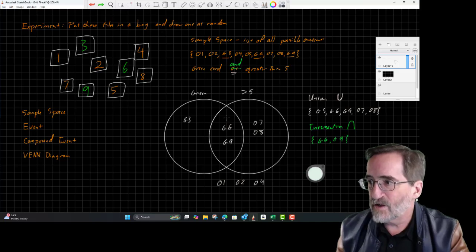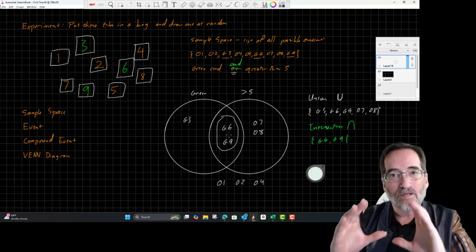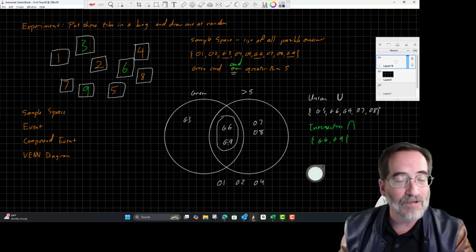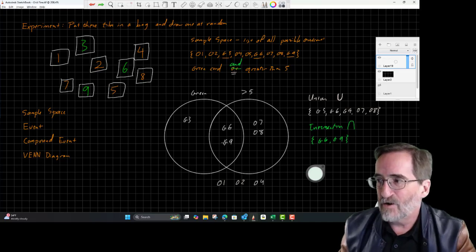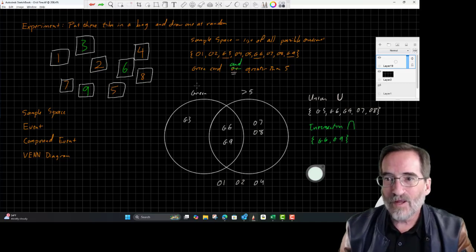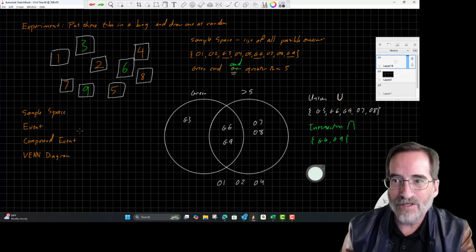In the case of the intersection, only those things that are in both circles, the overlapping parts of the circles, are included. Okay, so hopefully that helps. And this is known as a compound event. We're listing what we call sample spaces and event sets.